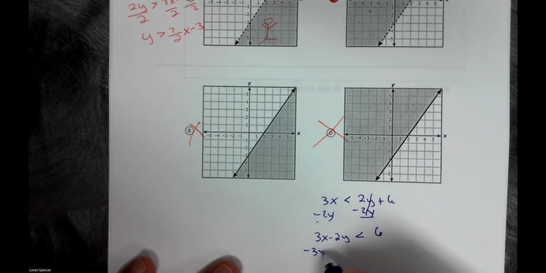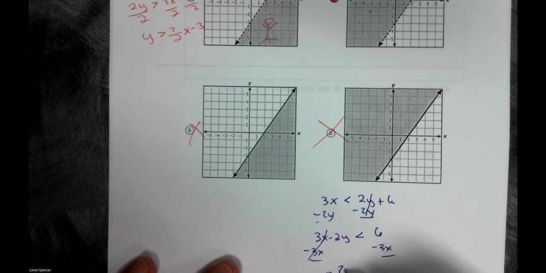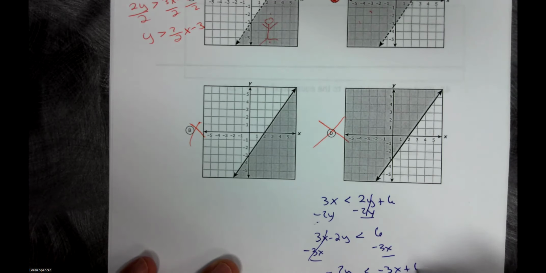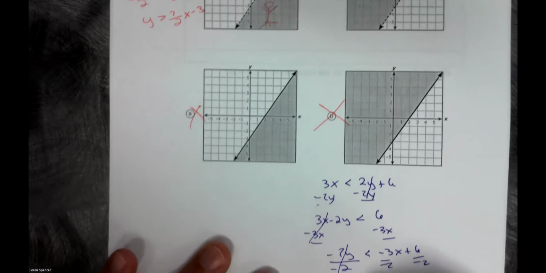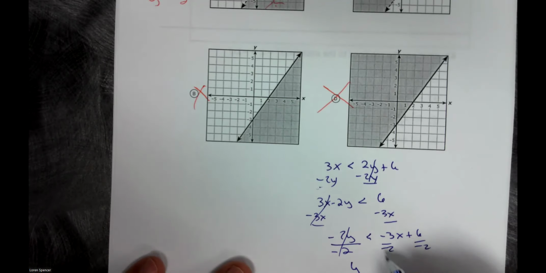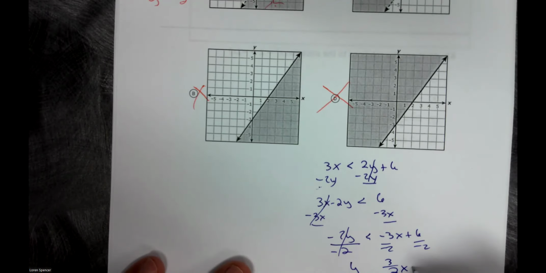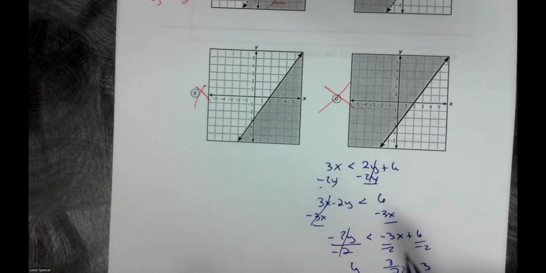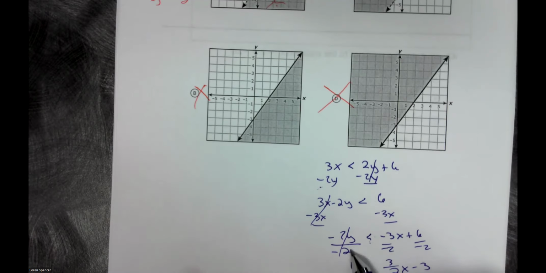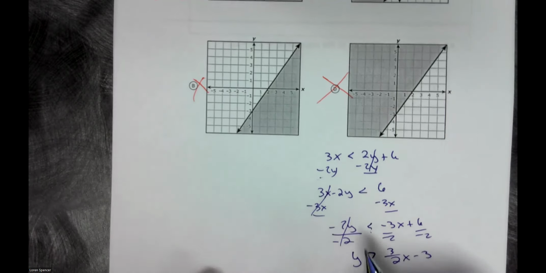I could subtract 3x from this side, and now I have negative 2y is less than negative 3x plus 6. Divide everything by negative 2, and I end up with y 3 halves x minus 3, which is what we had before. But because I divided by a negative, I have to flip the sign.